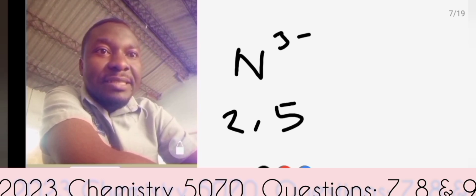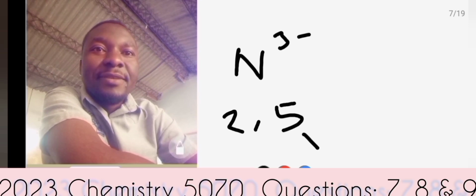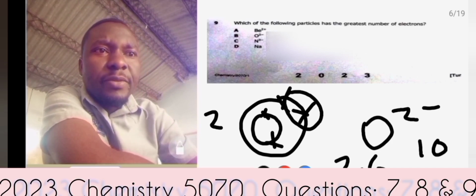So now that it has gained 3, it means it's having 8 here, all right? So it means it has 8 in the last shell, so which means it also has 10, all right? So 10, okay. Let's go to the other one. That's sodium. Sodium has 11. If we just go straight to the periodic table, we're going to find that sodium has 11.